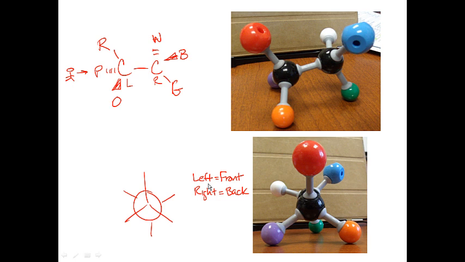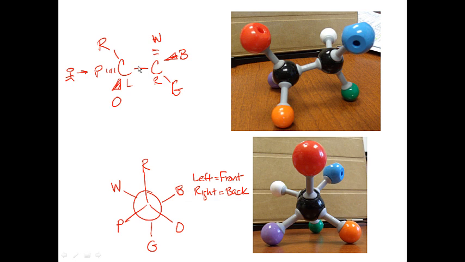So the left is the front carbon, so what do I have? I've got the red group in the front, the purple to the left, the orange to the right, and in the back the green is anti to the red group, the white group is over here to the left, and the blue group is to the right.